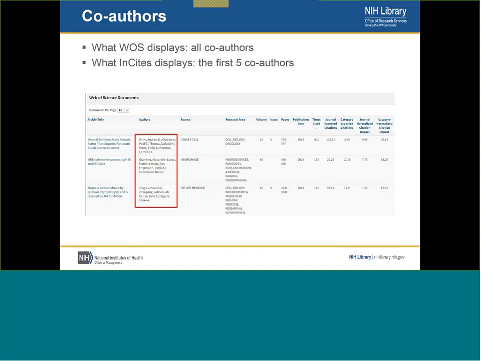Another limitation is about the co-authors. For Web of Science, it displays all of the co-authors, no matter whether you have 20, 50, 100, even for the group authors. You're going to see all of the co-authors. But in Insights, when you download the individual papers, only the first 5 co-authors are listed.